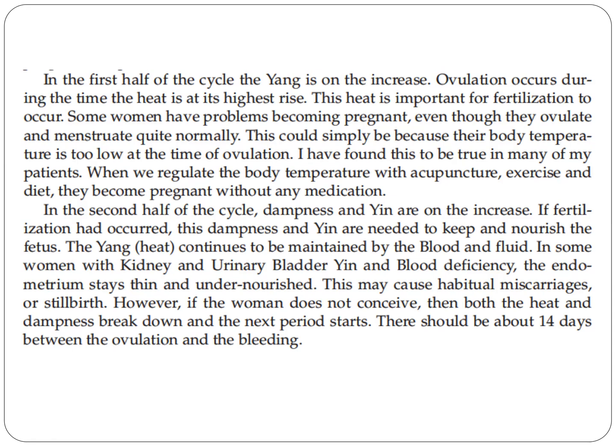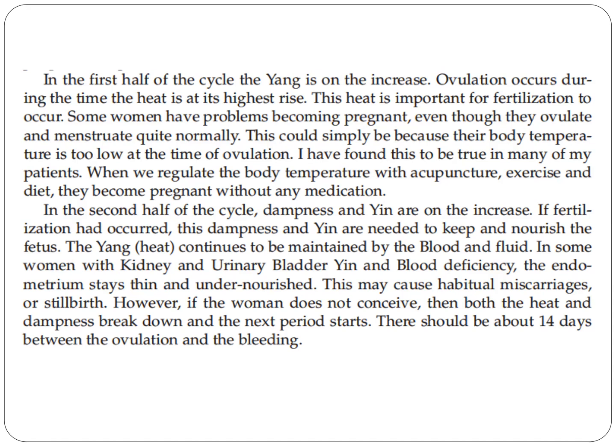In the second half of the cycle, dampness and yin are on the increase. If fertilization has occurred, this dampness and yin are needed to keep and nourish the fetus. The yang or heat continues to be maintained by the blood and fluid. In some women with kidney and urinary bladder yin and blood deficiency, the endometrium stays thin and undernourished.